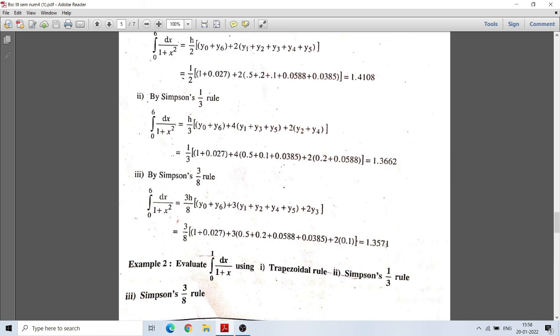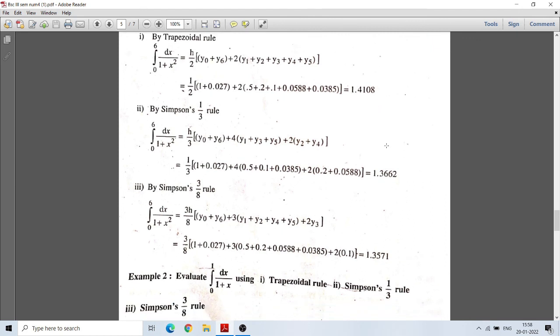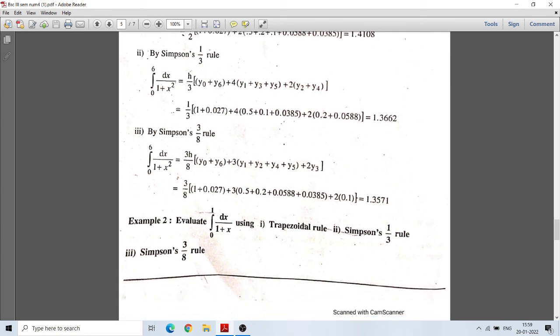Look here, then come to the conclusion, we are using the same problem. In trapezoidal rule, you get 1.4108. In the Simpson one-third rule, 1.36602, and 1.357 in Simpson 3/8. Which is the better one, meaning the lesser error, we get from the Simpson 3/8 rule. Compared to these two results, trapezoidal rule as well as the Simpson one-third rule, Simpson 3/8 rule accuracy is more. So this is one example.